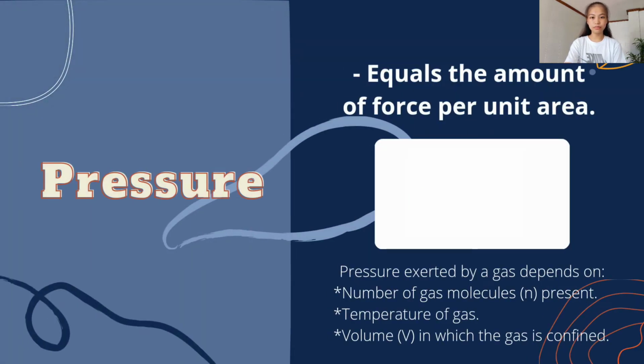Back to our objectives, let us define pressure. Pressure is equal to the amount of force per unit area, as shown in this formula. Pressure exerted by a gas depends on the number of molecules present, the temperature of the gas, and the volume in which the gas is confined.